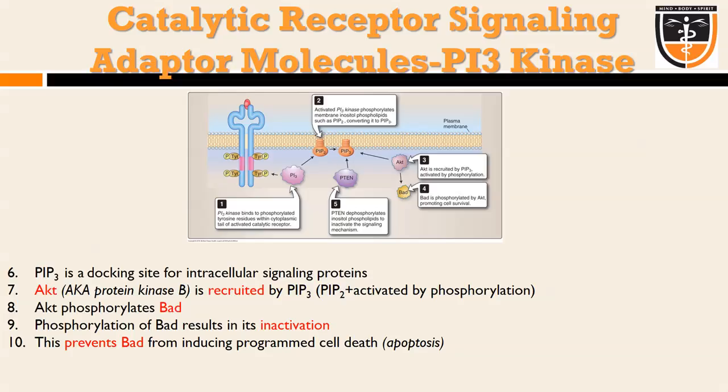Now we go back to the big picture. If BAD is not inactivated, if it is active, it's a bad thing that pushes the cell to death. BAD is a signal that will tell the cell, pull a gun and blow your head off. Okay? So if BAD is active, cells die. They choose to die, they go into apoptosis.